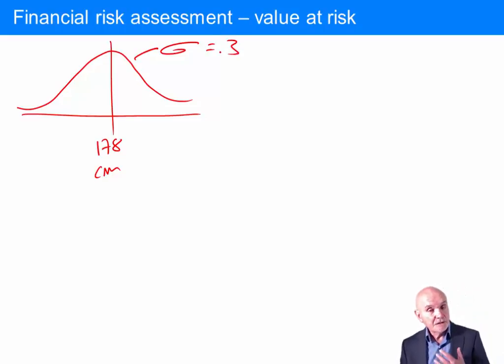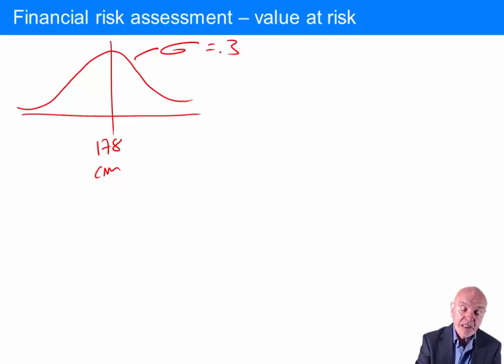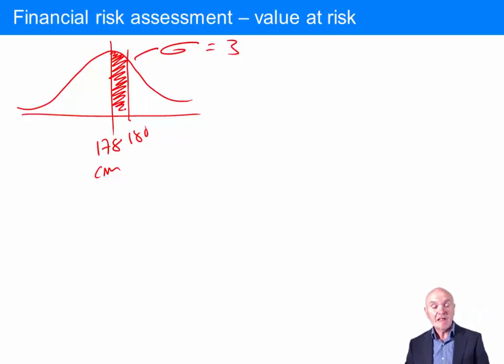Now what this allows us to do with tables is to work out, for example, how many people are between 178 and let's say anything you like, but let's take 180. So what proportion of the population is in that height range?